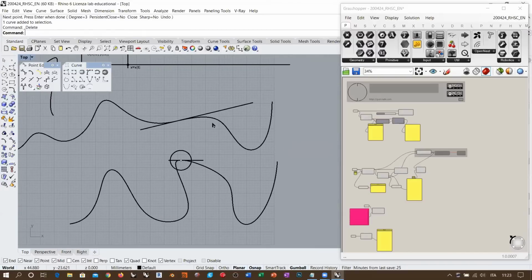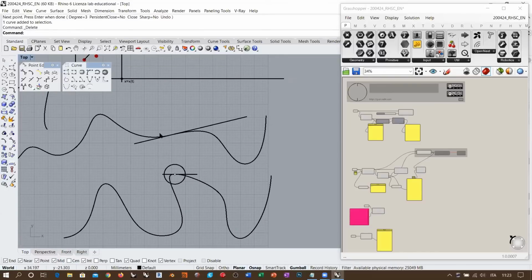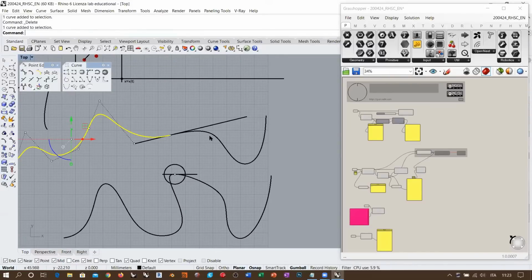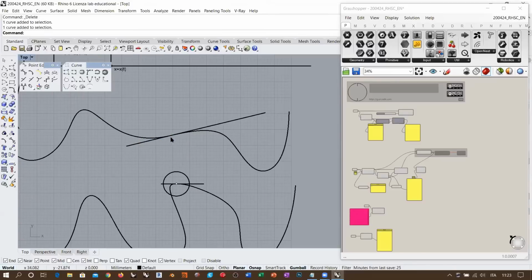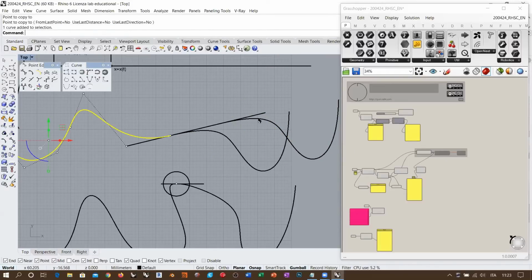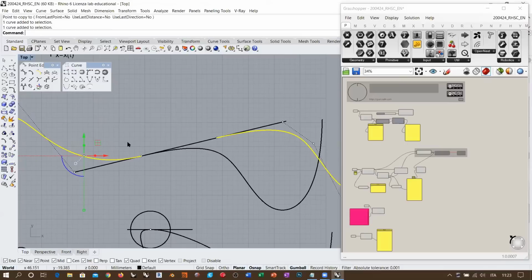So let's consider once again this situation, because we are basically taking it as a start. Let's say that we want, between this curve and this one, a straight segment. So the only thing that we must do here is take this, eventually copy it, so that its start point lies somewhere like here. So if I consider this and this, you see that it's like defining a first part of the curve, ending here.